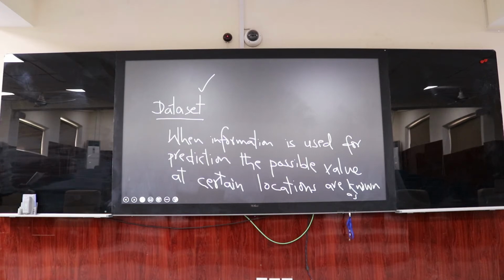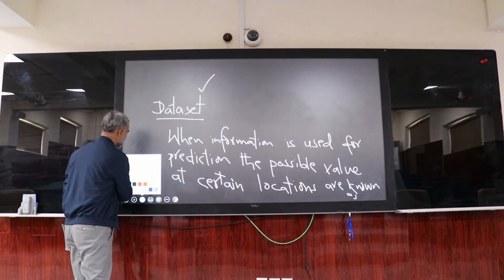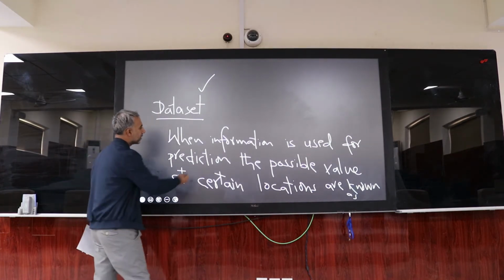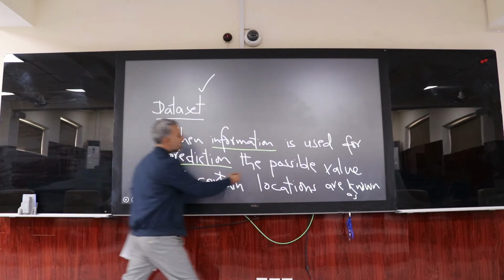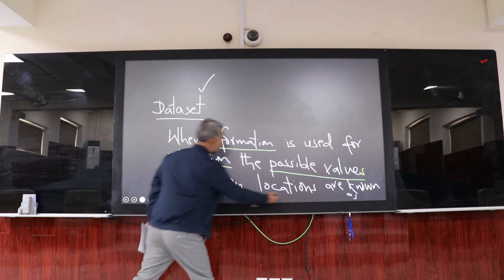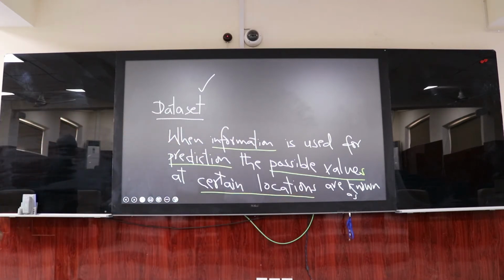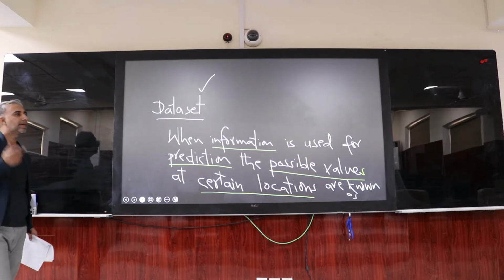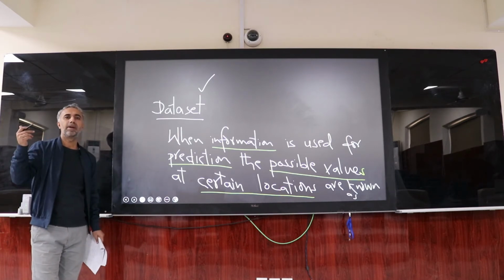A data set is basically information that is used for prediction of the possible values at certain locations, at certain positions. For example, we are visiting Punjab Pass or somewhere there on a visit with fellows.